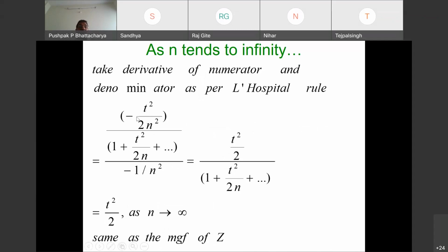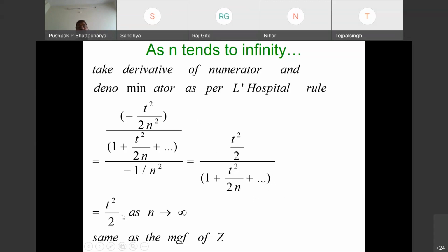So the numerator becomes minus t square by 2n square divided by (1 plus t square by 2n plus etc.), and the denominator becomes minus 1 by n square. Now minus 1 by n square cancels, and the numerator becomes t square by 2, the denominator is 1 plus t square by 2n etc. Now as n tends to infinity, this quantity tends to t square by 2.